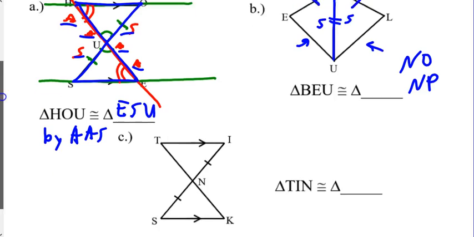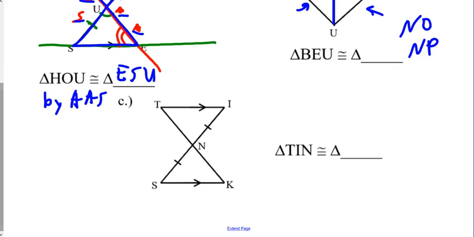Don't have enough information. Oh, looky, looky, we have parallel lines again. So we know we have vertical angles here. We have alternate interior here. We're also going to have alternate interior here. So let's see what we have.